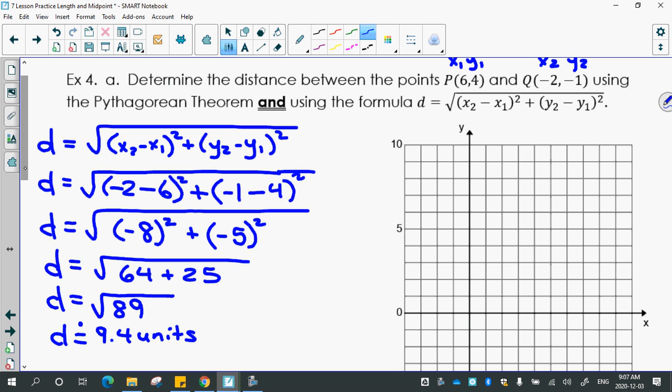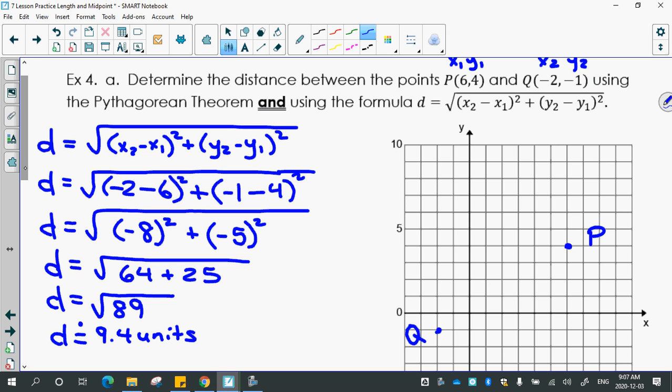So we have to plot the point P, 6, 4 in the correct spot. So from 0, 0, 6, 4 is here. That would be point P. And point Q from 0, 0 is -2, -1. Always double check you plotted your points right. It's really easy to just have a brain cramp and mix up X and Y or miscount by 1.